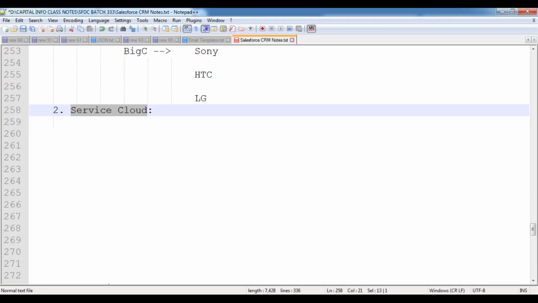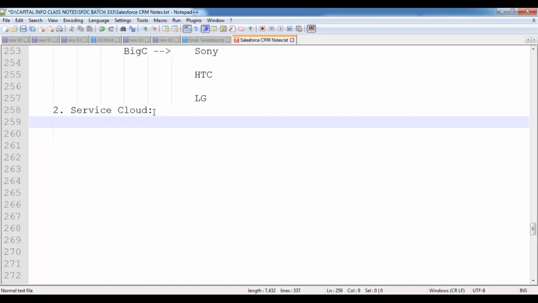Whenever we are giving services, we also have to follow certain processes. To automate all the processes which we are following while giving services to the customers, we are using the Service Cloud features.